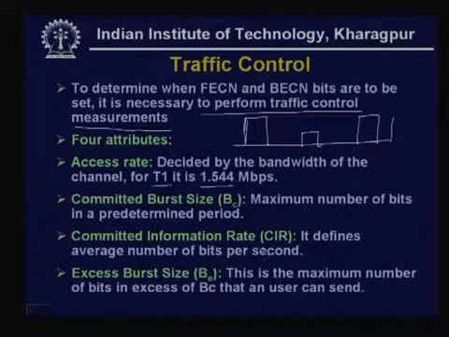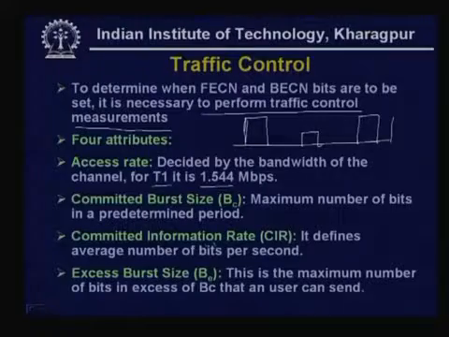If this average number of bits per second is not exceeded, then it is guaranteed that the packets will be delivered without error. On the other hand, if it is exceeded, then the switch will inform the sender that the committed information rate has been exceeded.